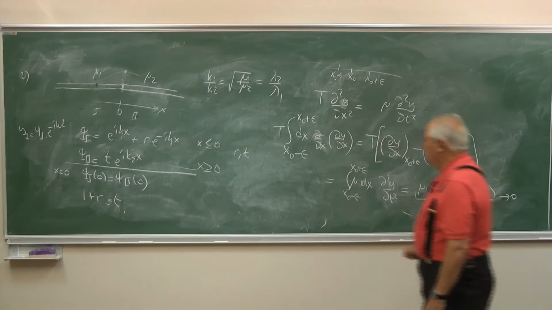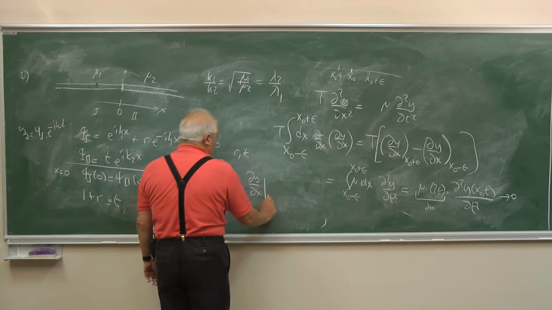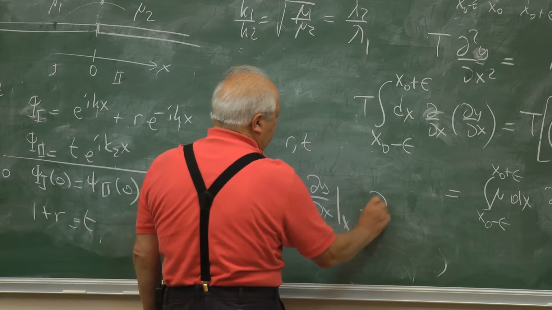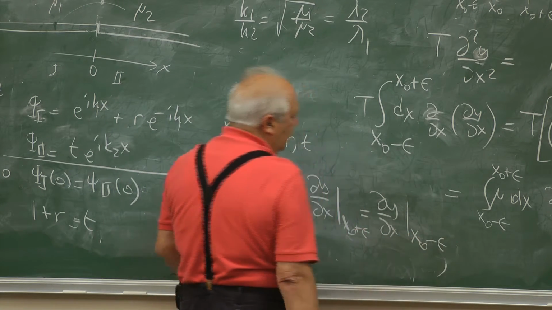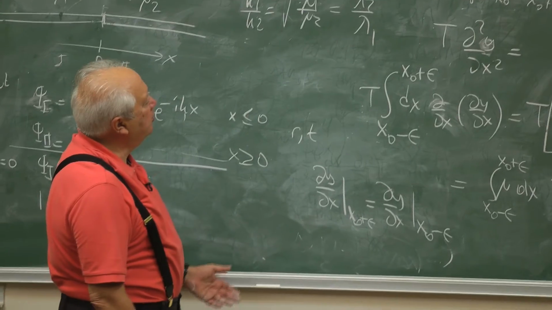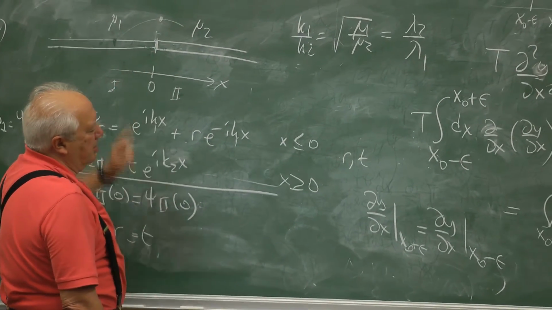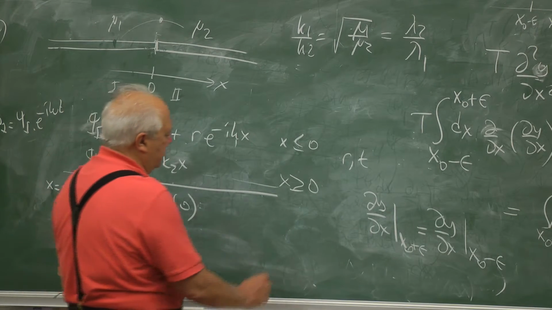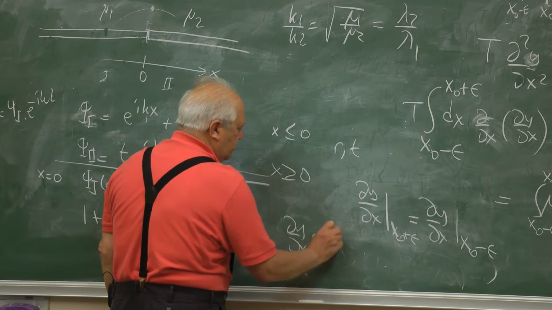That means at any point, in particular, x0 could be the point of discontinuity here. x0 could be 0. So that means the derivative will be continuous. dy/dx is continuous.